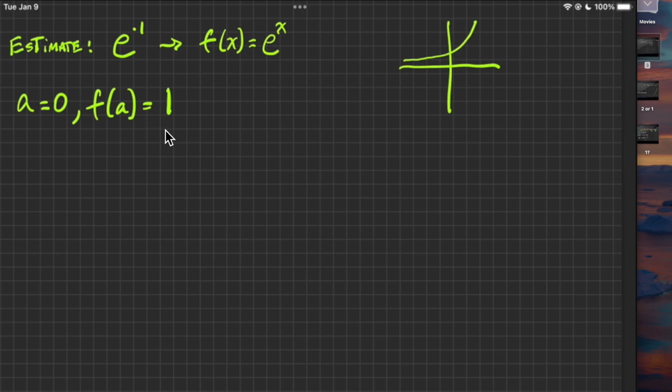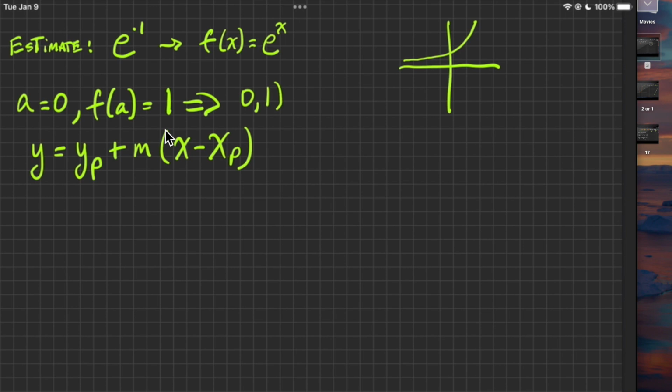Now we're going to build our tangent line equation. Our modified point slope form is y sub p plus m times x minus x sub p. But folks, we already have our point. Our point, x sub p, y sub p, is 0, 1.